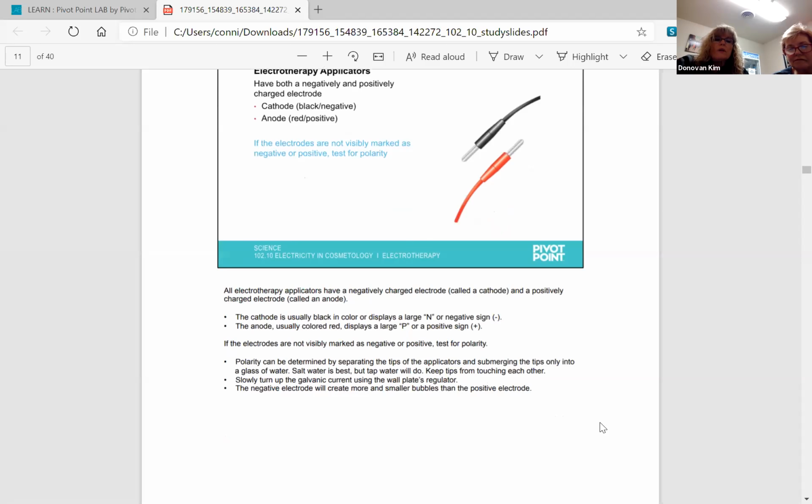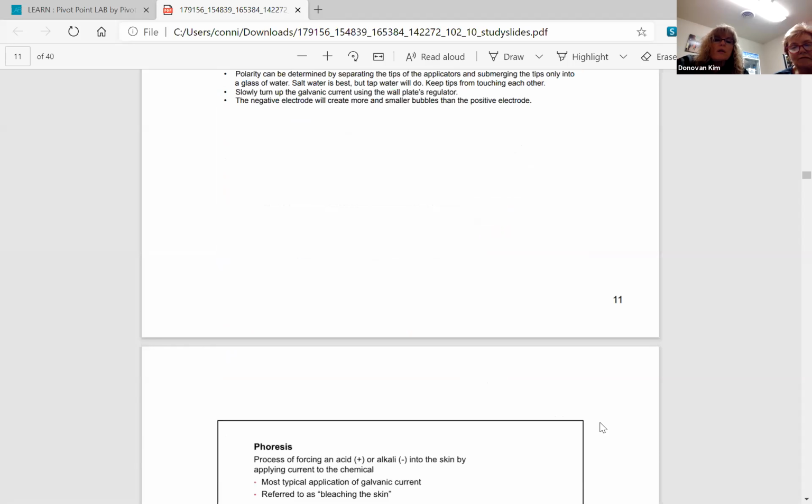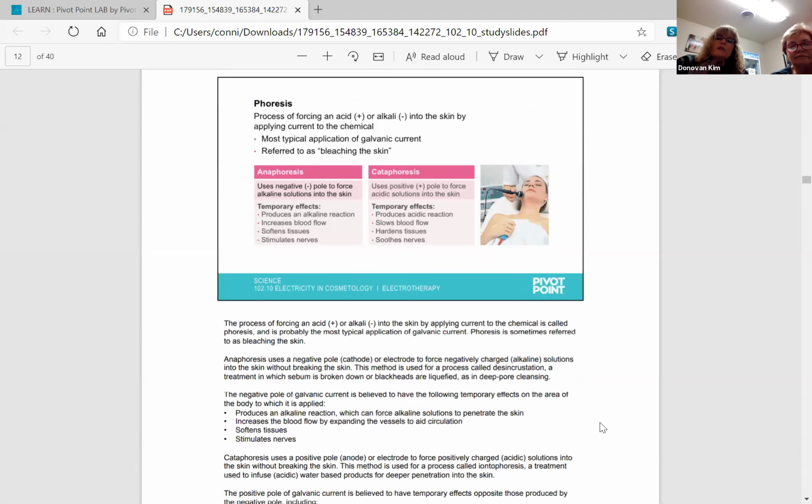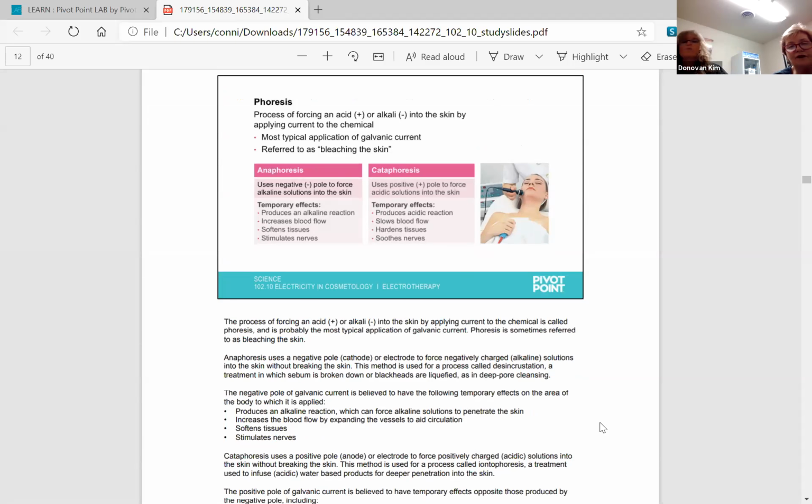Okay. So let's see, we're on phoresis. Okay, there's your anaphoresis and catapharesis. So let's just break it down so you can figure out what your notes are supposed to say, okay? So phoresis, the general term, is forcing an acid or an alkaline into the skin by applying current to the chemical, okay? And then it says the bleaching of the skin, but really not just from phoresis, it's not bleaching.